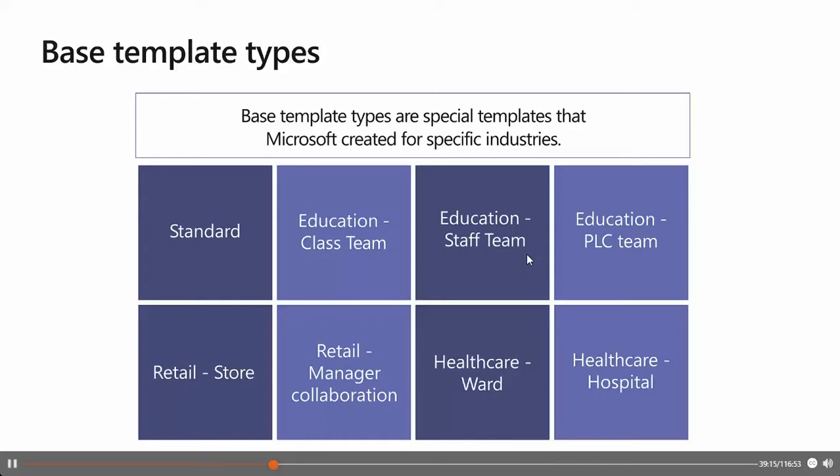Obviously, you can also go through the different calls of the Graph API to find out more about that, and to see how you can, for example, programmatically use these template types itself.